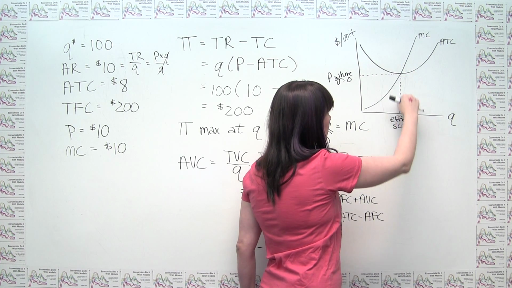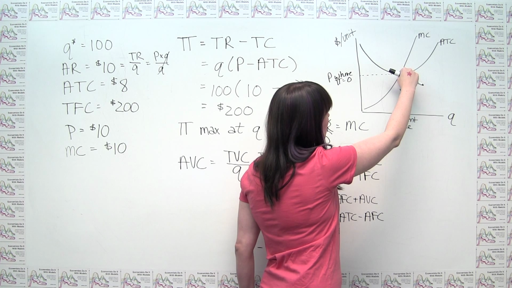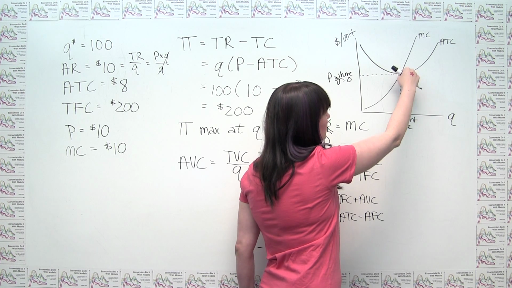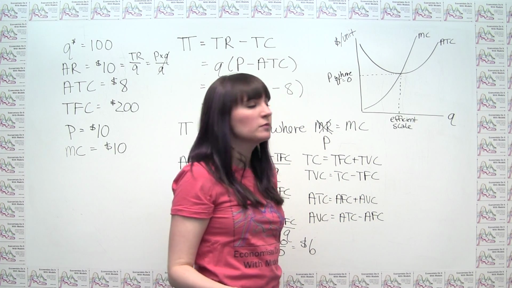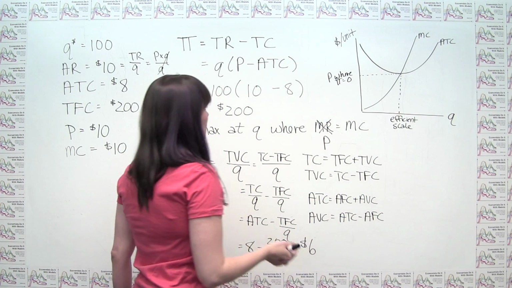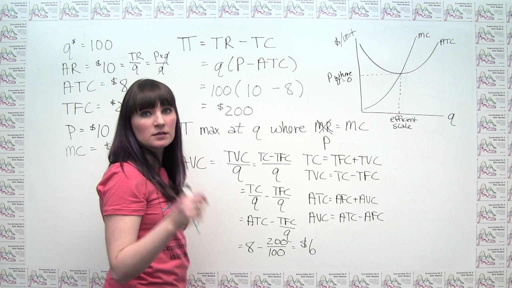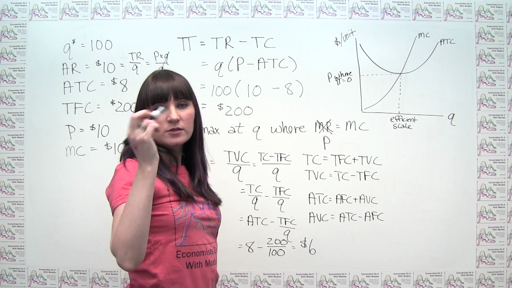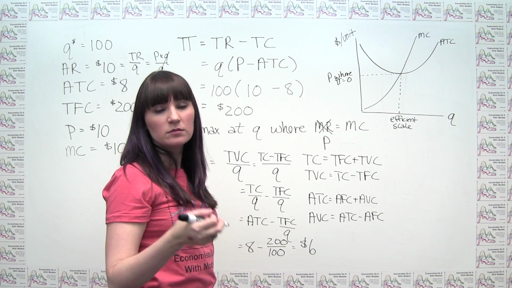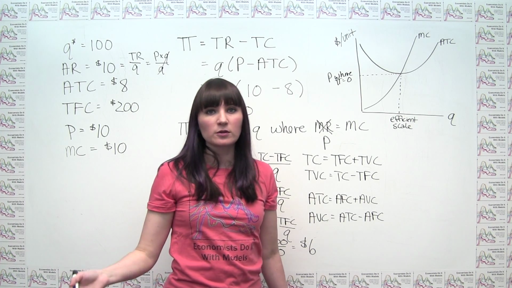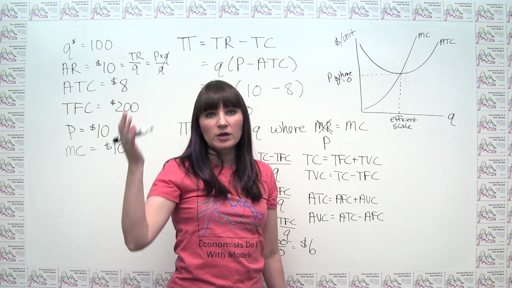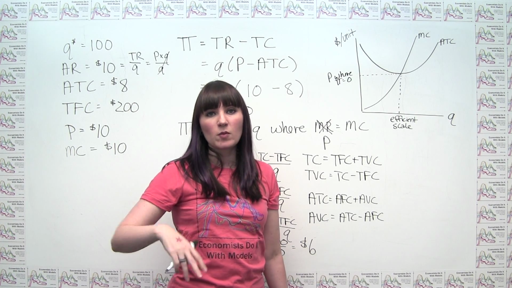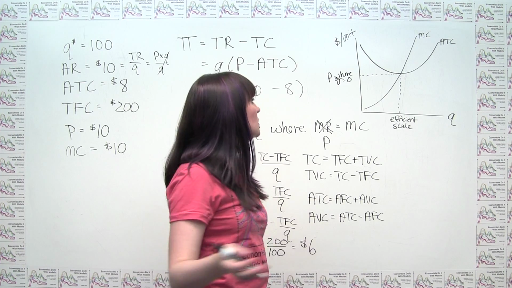It's going to be producing this efficient scale amount. But price is also going to equal average total cost at this quantity, so economic profit is going to be 0. And we know, not surprisingly, that as price goes up, profit goes up. As price goes down, profit goes down. Hopefully that makes intuitive sense to you, because a higher market price is better for sellers, and a lower market price is worse for sellers.